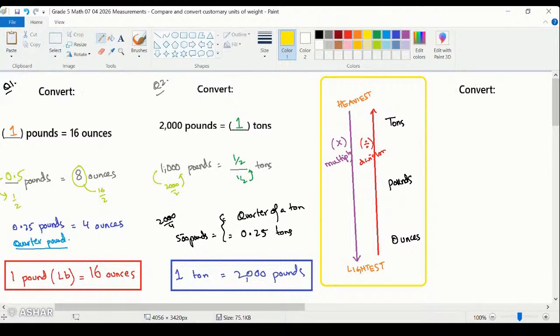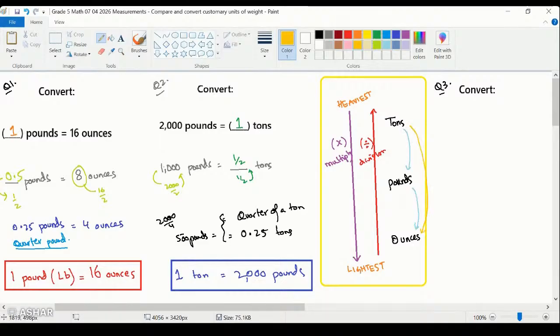Okay, let's say question number 3. We have done pounds to ounces and tons to pounds, right? But we haven't done tons to ounces.